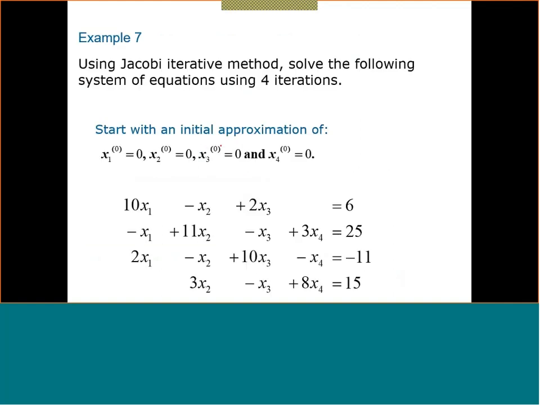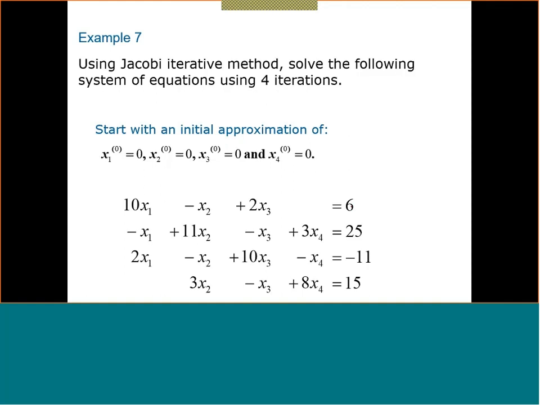Let me show this example. In this example, we have a 4 by 4 system of equations. As you can see here, we have 10x1 minus 2x2 plus 2x3 equal to 6.